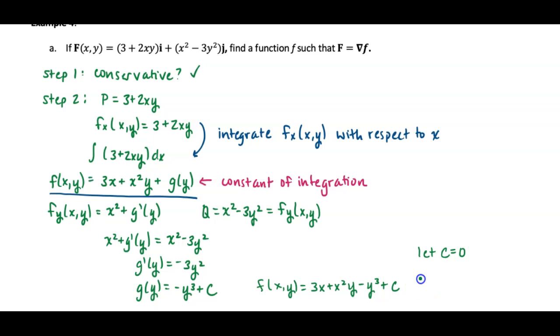So we can write our final function as f of x y is equal to 3x plus x squared y minus y cubed. This is just something you're going to see happen regularly, where we just end up dropping this constant at the end, because a perfectly fine example of this function would be with a constant of 0.